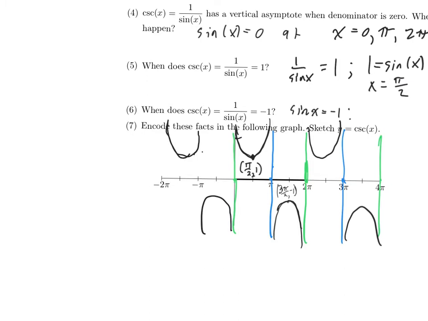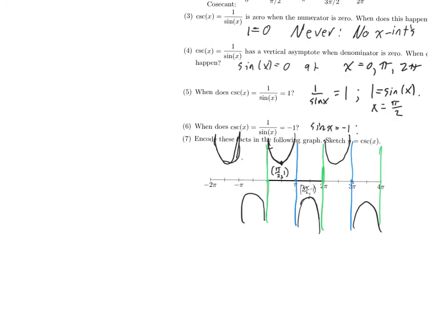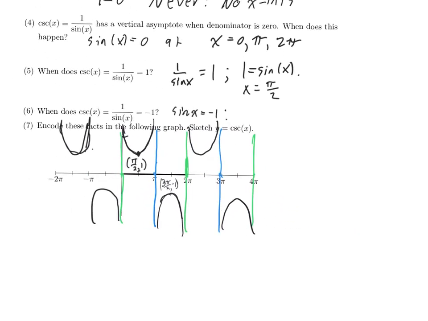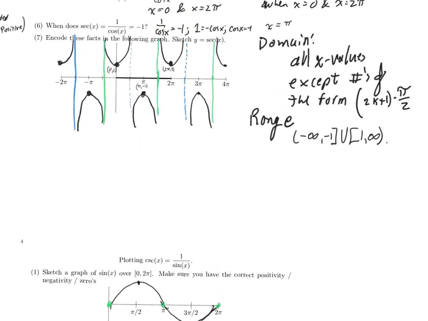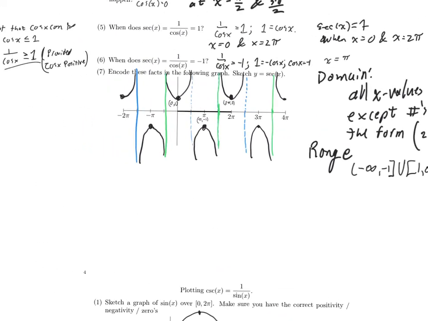Nice. So we have a graph. Let's check the same facts as before. It looks like this function is odd, which it should be, right? Sine is odd. 1 over an odd function is still odd. Secant up here, let's see, is that even?